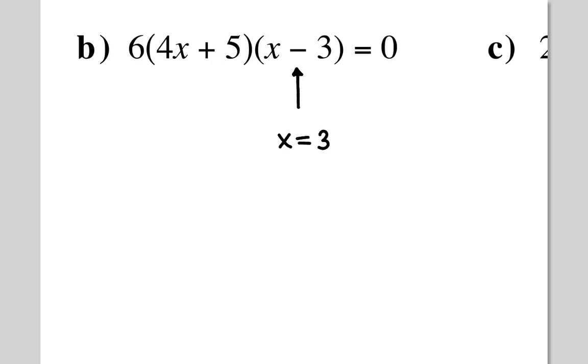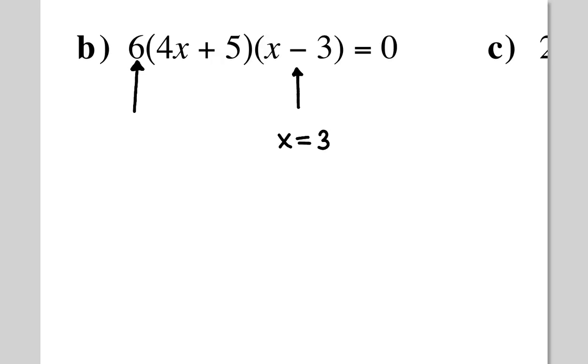Now what about this one here? Hey guys, let me ask you a little question about 6. Is 6 ever 0? Or is 6 always 6? 6 is always 6, right? He's constant.